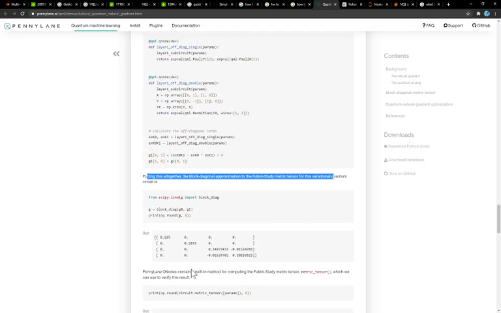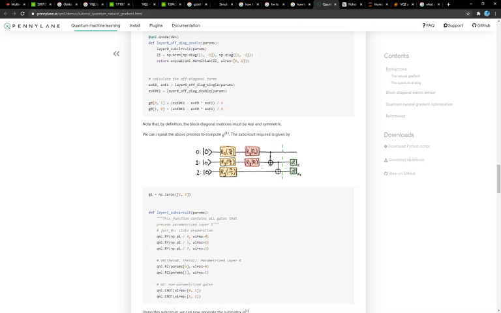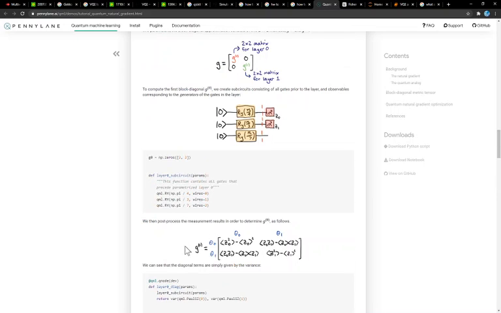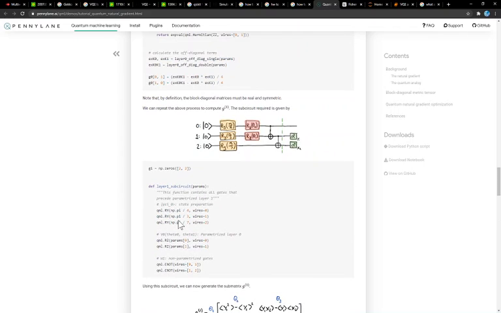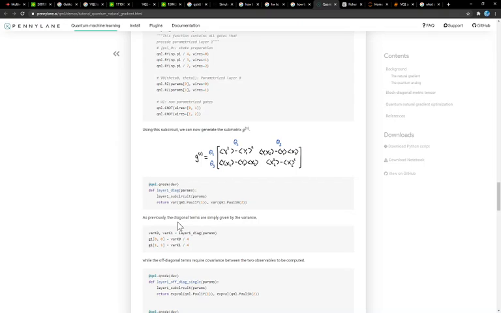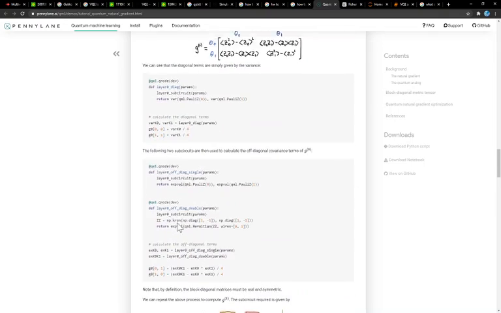Okay. So basically, you run all these things to calculate the different components of this matrix, which is going to actually, what is it going to do?